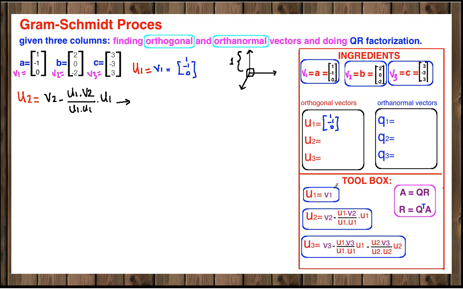As long as you label them very well and place them correctly, you have no chance to make mistake. v2 is our second column, 2, 0, -2, minus, we're going to dot u1 by v2. u1 is our first orthogonal vector, 1, -1, 0, and v2 is our second column, 2, 0, -2. And we're going to dot u1 by itself in the denominator, and we're going to multiply everything by u1.